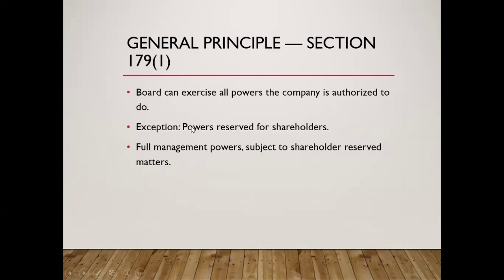If any power is specifically required by the Act or by the Memorandum and Articles of Association to be exercised by the shareholders in a general meeting, then the board cannot take it up. So, in short, we can say that the board enjoys full powers of management except those that are exclusively reserved for the shareholders.